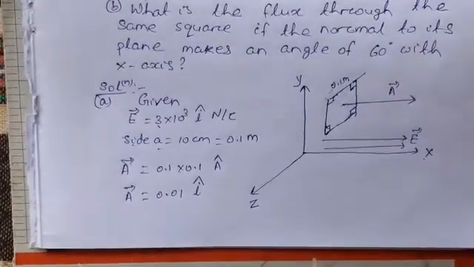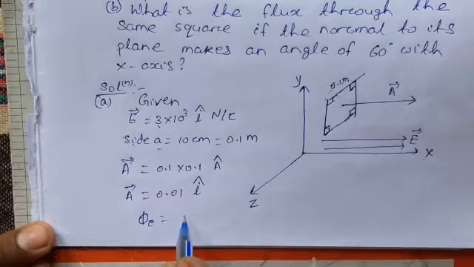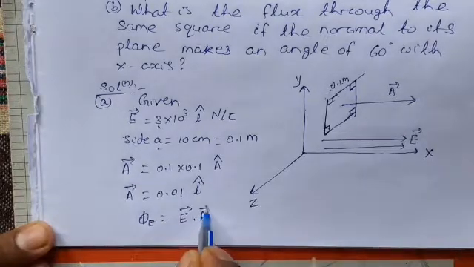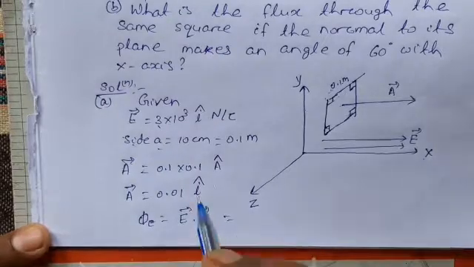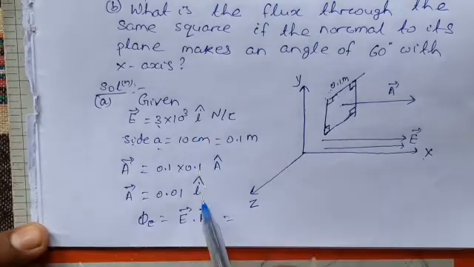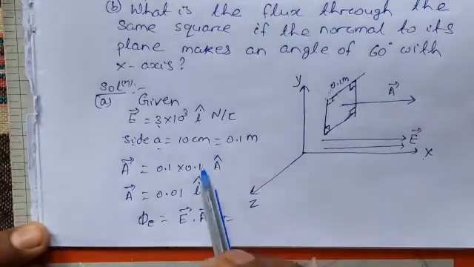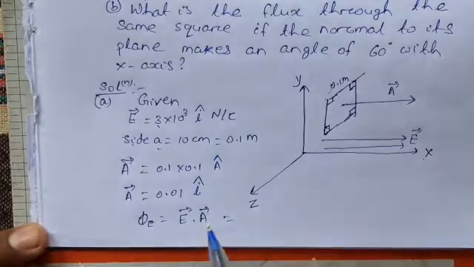So we want to find out the flux. How can we find the flux? The total flux equal to E dot A, E vector dot A vector. See, i cap dot i cap equal to 1, because the angle between i cap and i cap is 0 degree. The multiplication of two same unit vectors equal to 1.